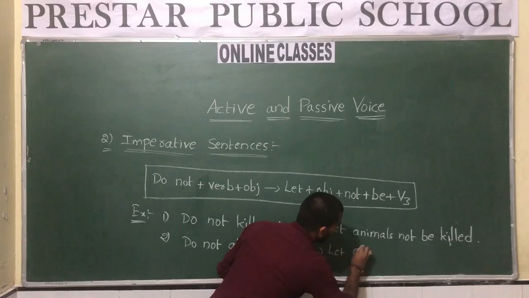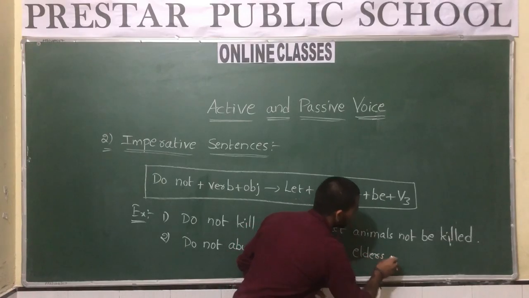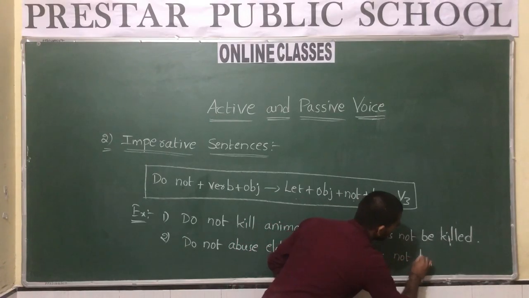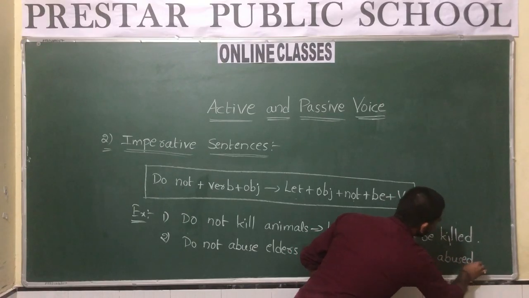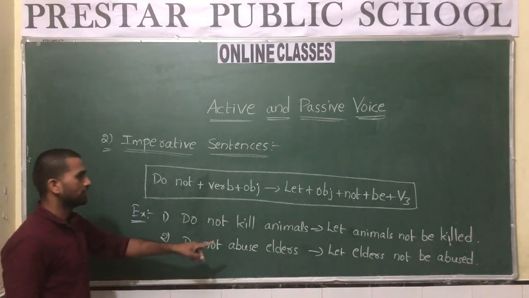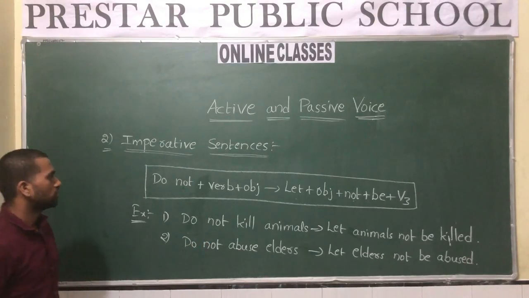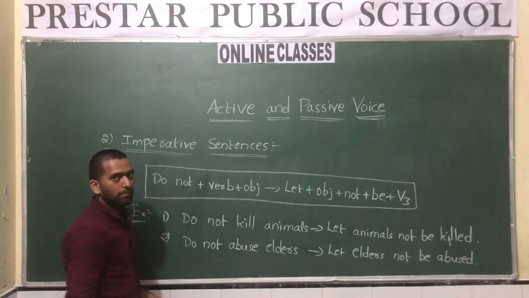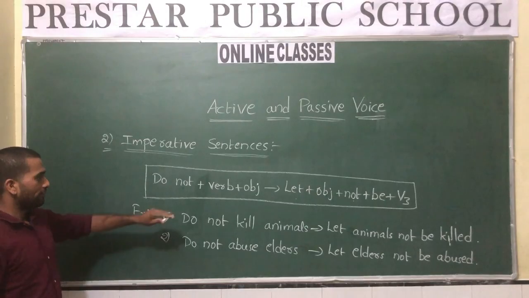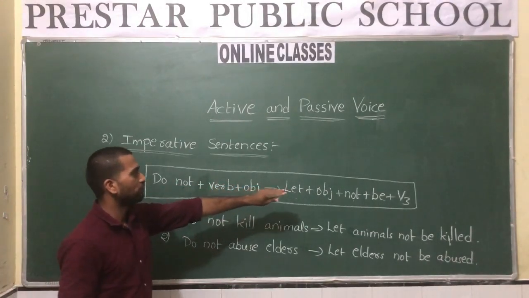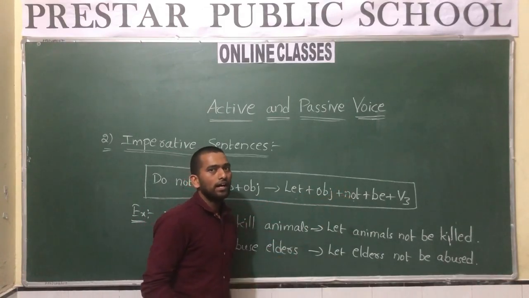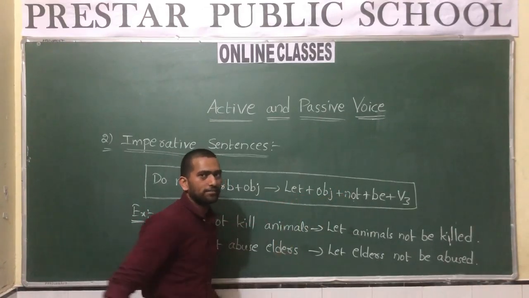Let elders not be abused. Okay, let elders not be abused. So this is the second type in imperative sentences. If the active voice is in this form, then the passive voice will follow this pattern.